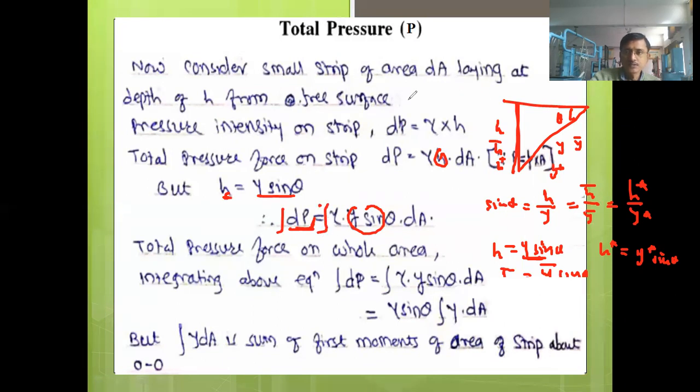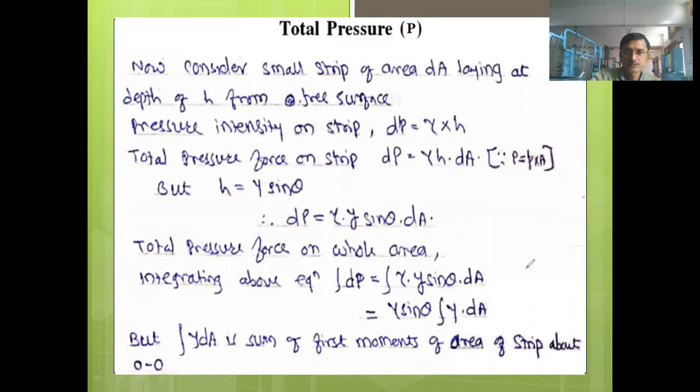After doing integration, the integration of dp will become P. So capital P, the total pressure force acting on the entire area, will be equal to, out of this equation, gamma which is the weight density and is constant, and sin theta which is constant. So I will take them common.